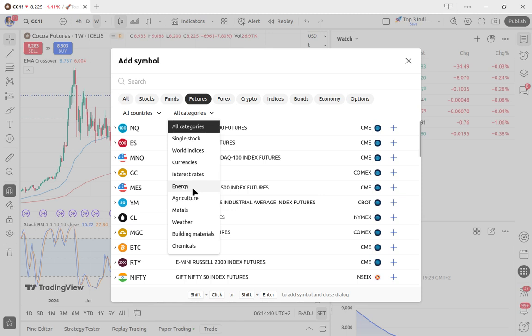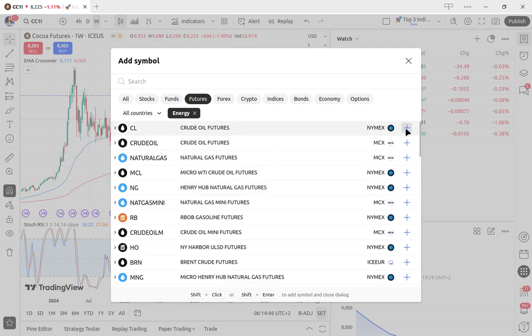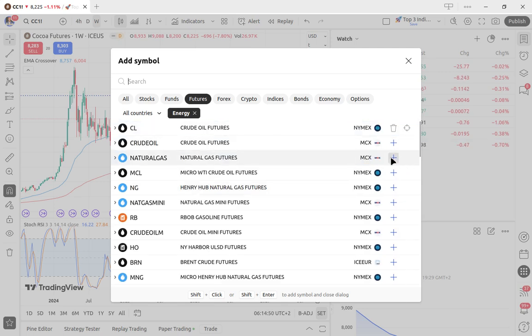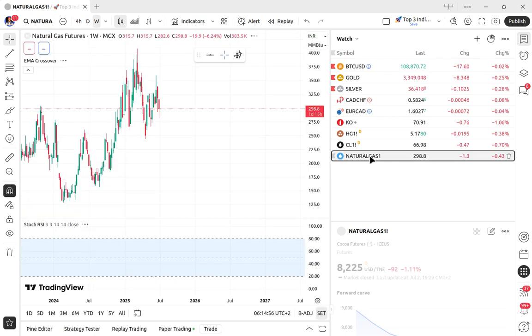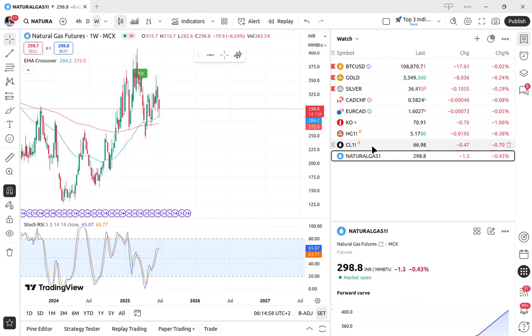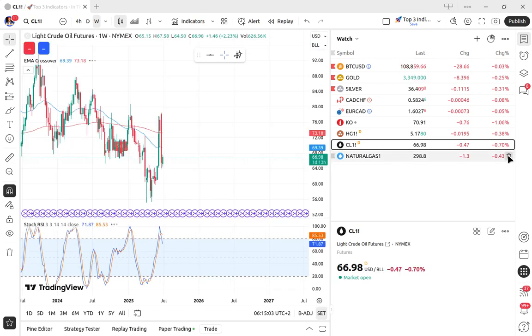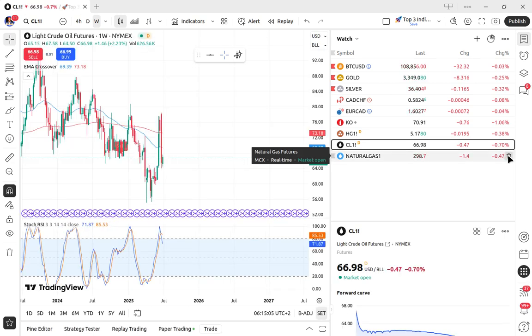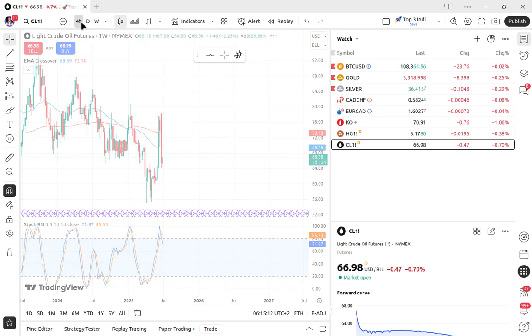Let's see what we have on energy. So we can start with natural gas. So oil prices. The oil prices look like they're going to crash.